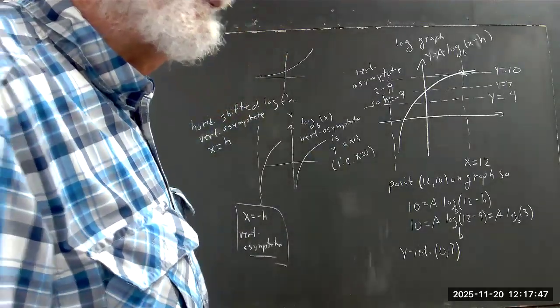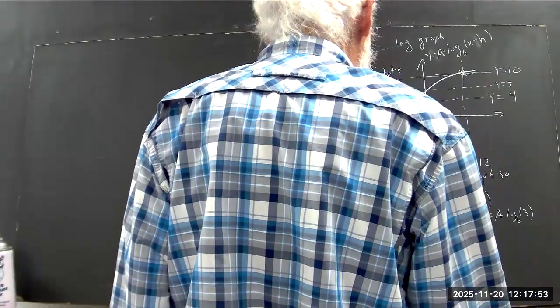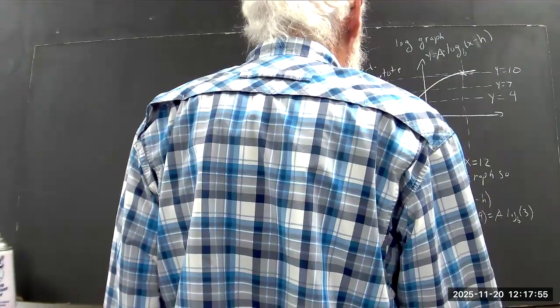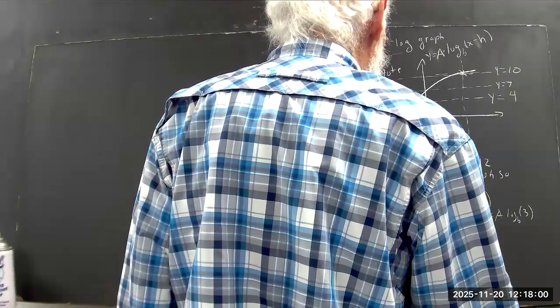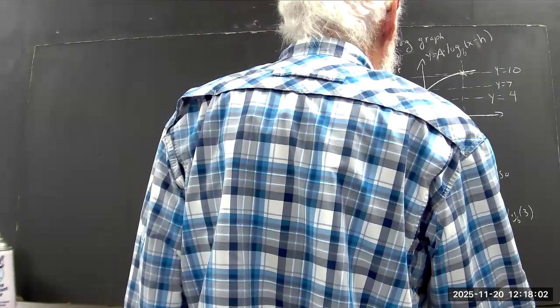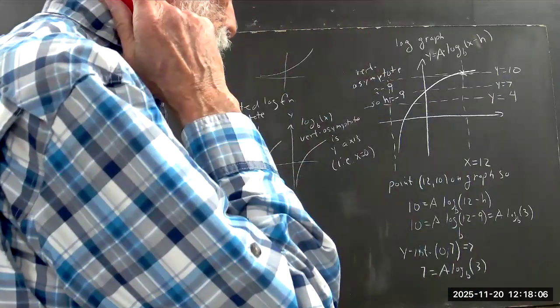And it was pretty reasonable there too. Okay, y-intercept 0, 7 implies 7 equals a log base b of 3.